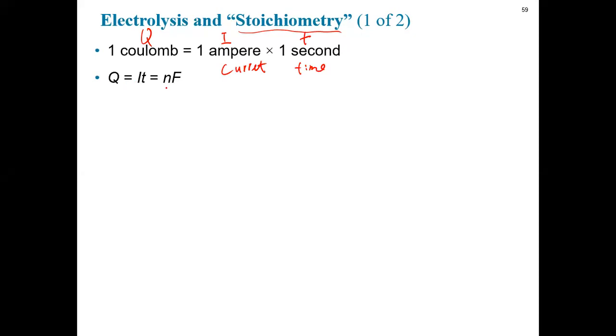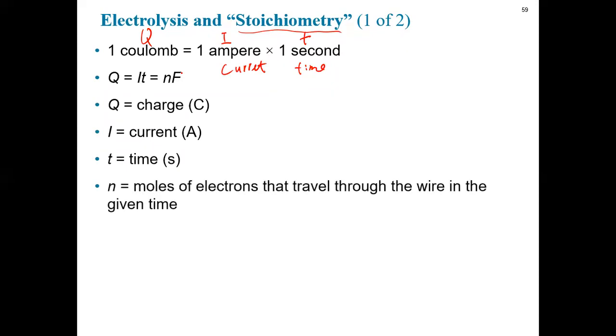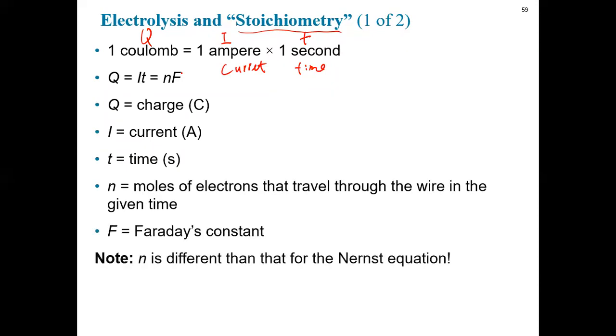Then we also know what Q is. Q is actually the moles of electrons times the Faraday constant. One last note: n is different from that in the Nernst equation.